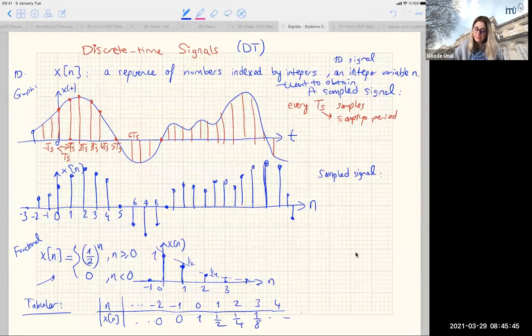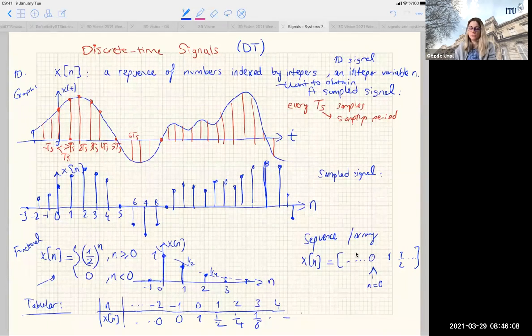And for us, computer engineers, it's a sequence or array. If it's multidimensional, it's a matrix, tensor, right? It's the same thing. You have to note where n is 0, however. You have to know the corresponding time axis. So this is just a very simple introduction to what a discrete time signal is.